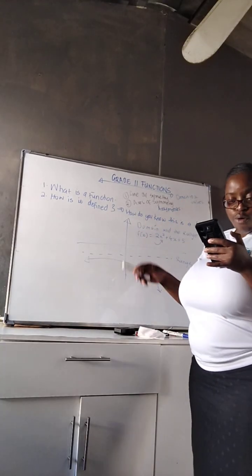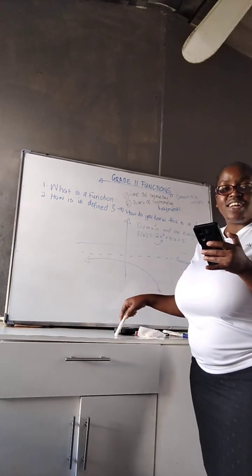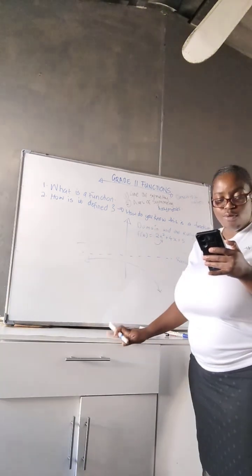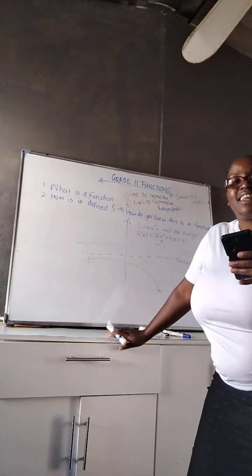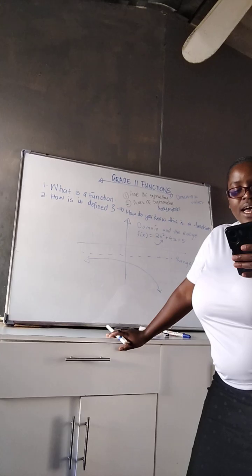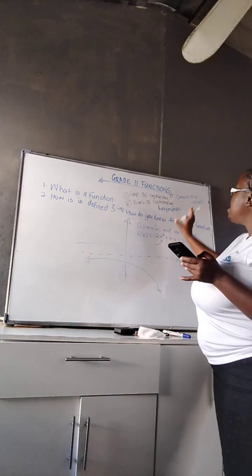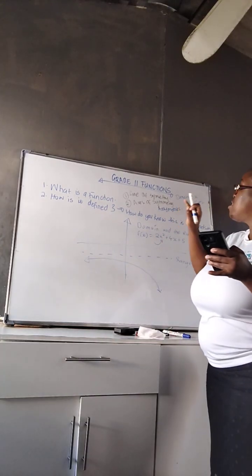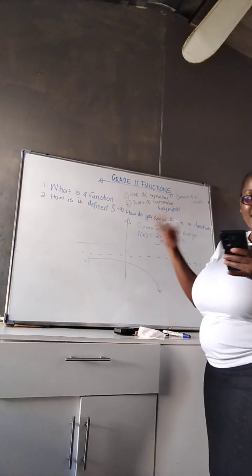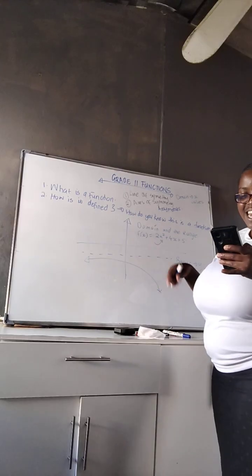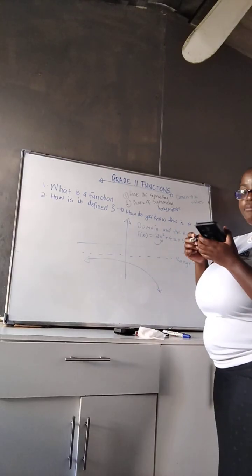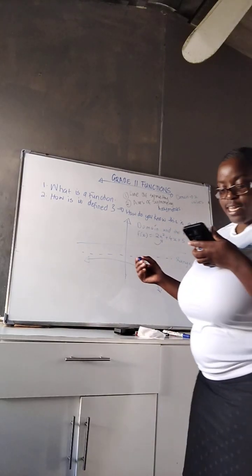You must be able to determine the domain and the range of each function, and also be able to determine the axis of symmetry, the asymptotes, and anything that has to do with the axis, the asymptotes, the axis of symmetry, and the line of symmetry, wherever that information is needed.